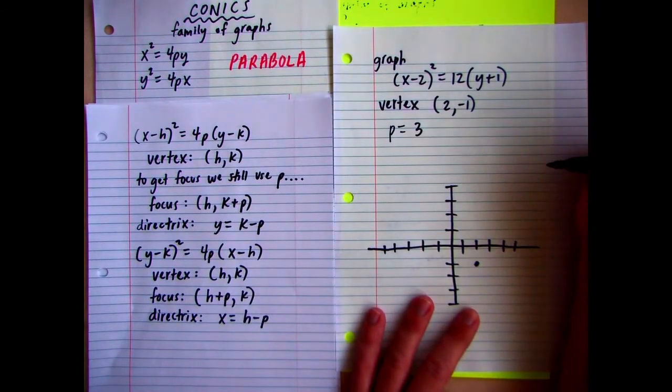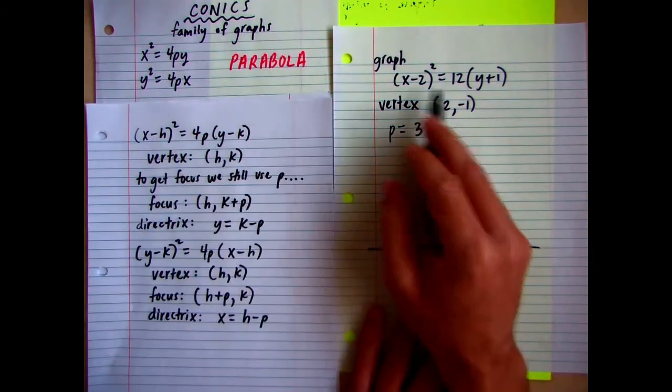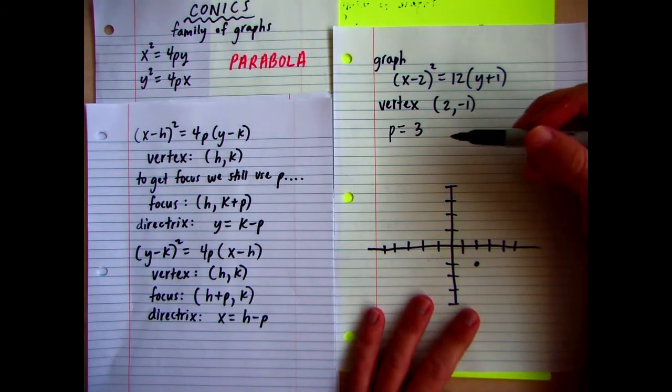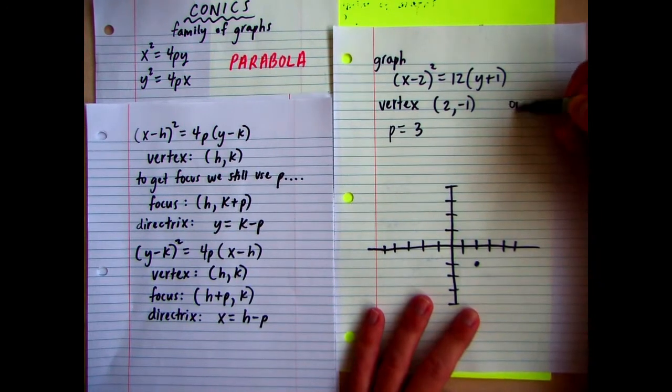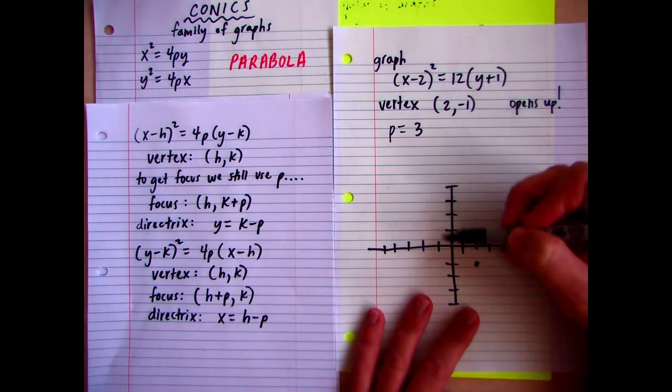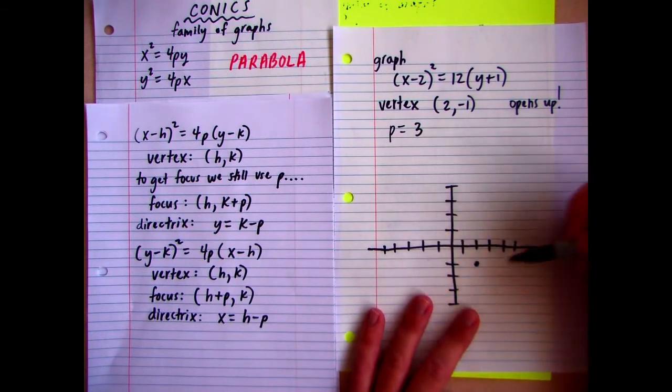Well, in this case, 4p equals 12. So p equals 3, positive 3. So that means my parabola is opening up. All that previous study we had of the parabola is still important. Because p is positive, we know it opens up.